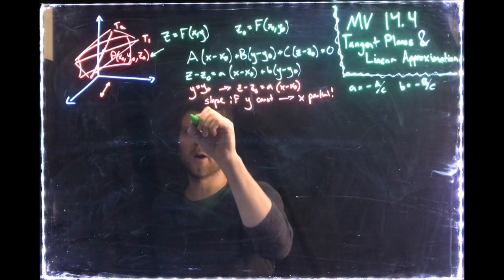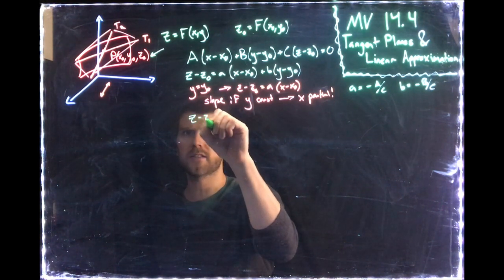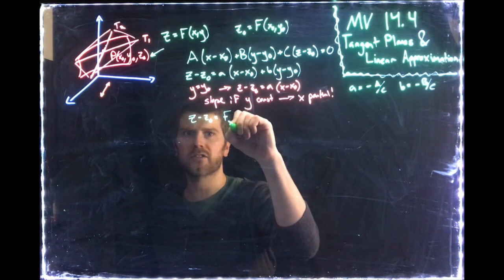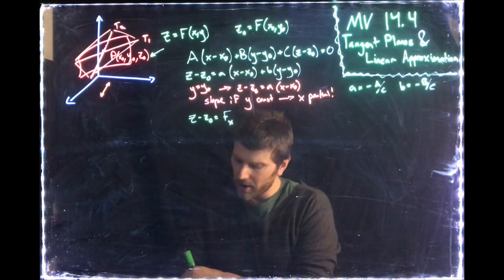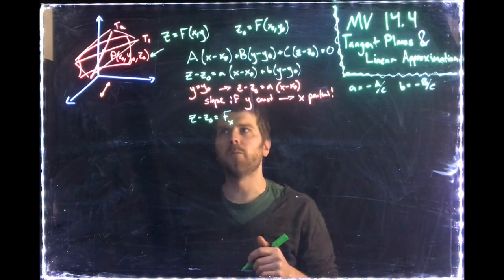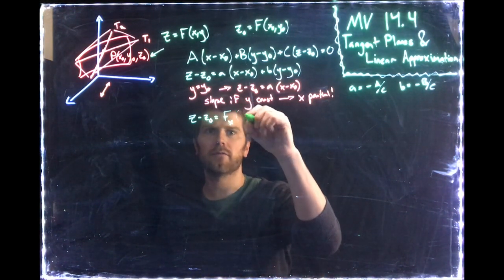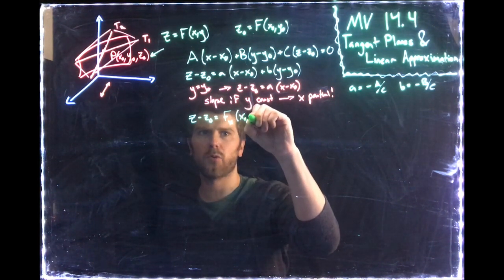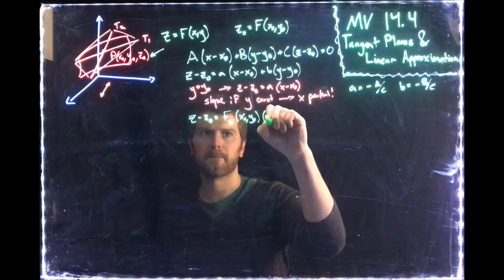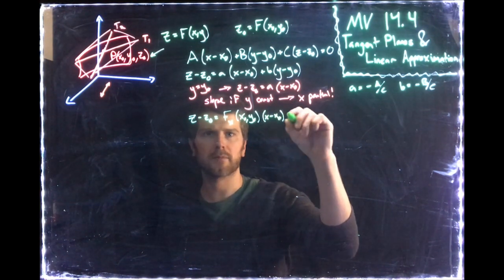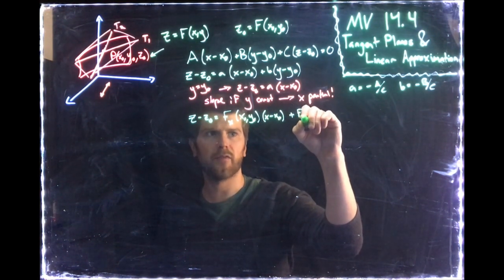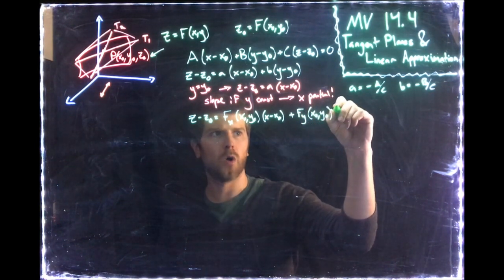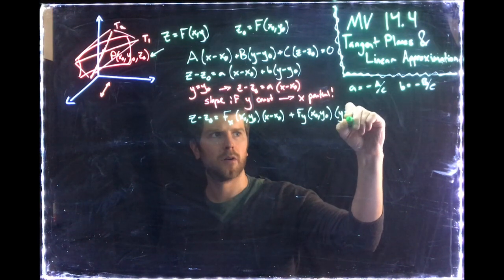We can write our tangent plane as z minus z0 equal to fx, the x derivative. Now, I just want to be clear here. We actually need to evaluate that derivative. So this is the value of that derivative at the point x0, y0, times x minus x0, plus fy evaluated at that same point, times y minus y0.